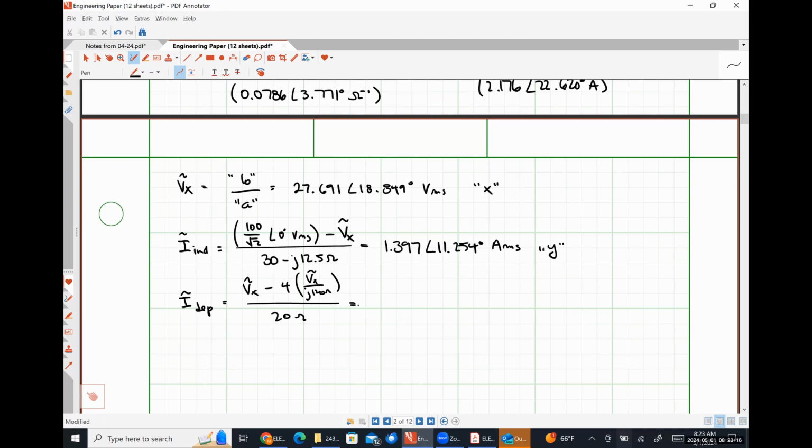And putting that into my calculator, x minus 4 over 120 I times x all over 20, I get 1.385 with an angle of 20.758 degrees amps RMS. I'll store this as Z.